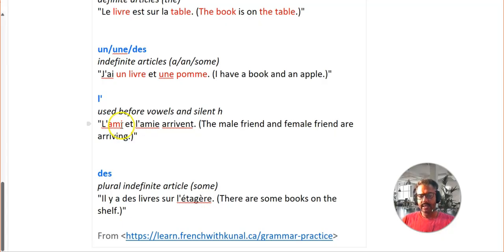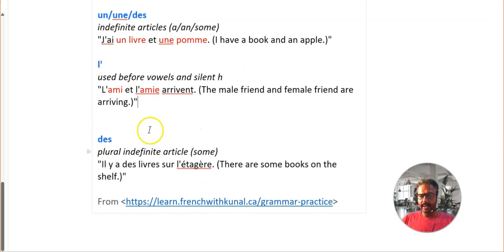Just for your information guys, l'ami is masculine, and if I had an extra e after that, then it would have been feminine, l'amie. So next example, this one is feminine: l'ami et l'amie arrivent. The male friend and female friend are arriving.